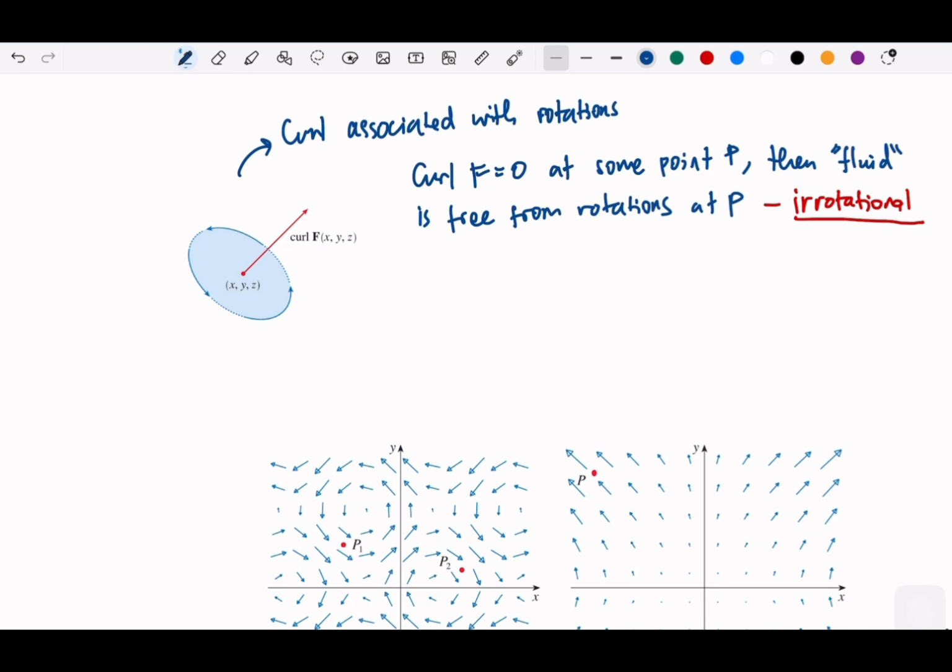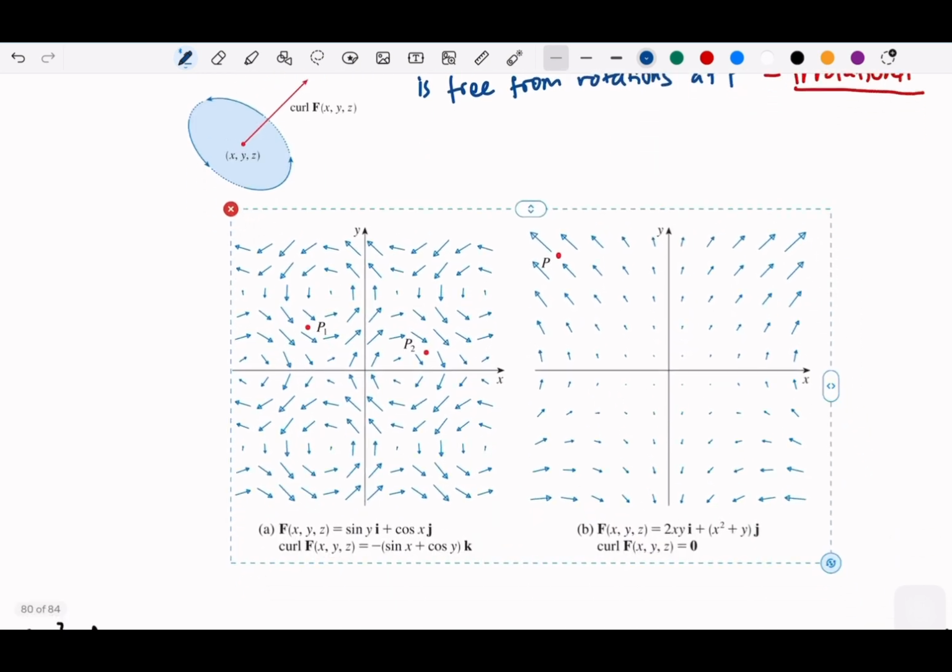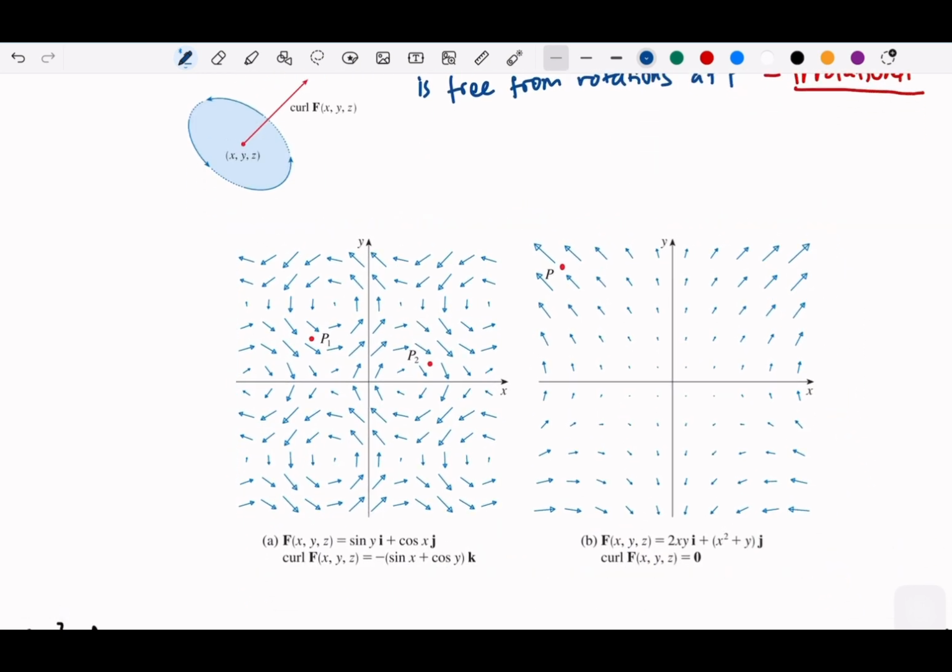If we compare these two pictures, we'll see that based on the calculation of the curl, the curl on the left is not 0, on the right it is 0. What is the difference in the picture? No matter what the point on the right side, it will not be affected by the curl.